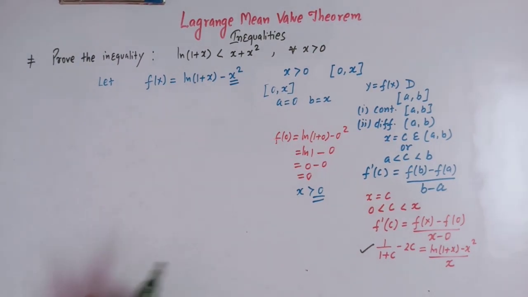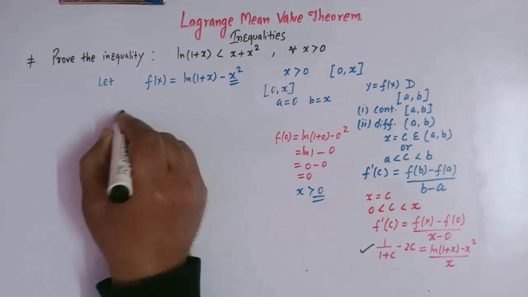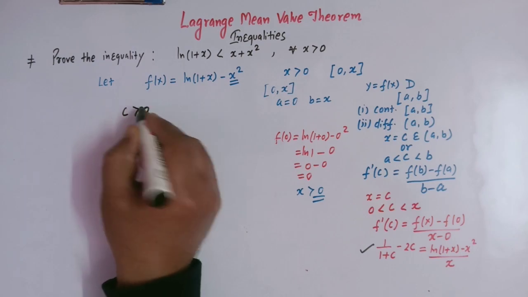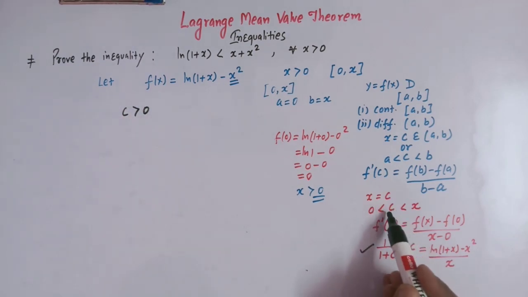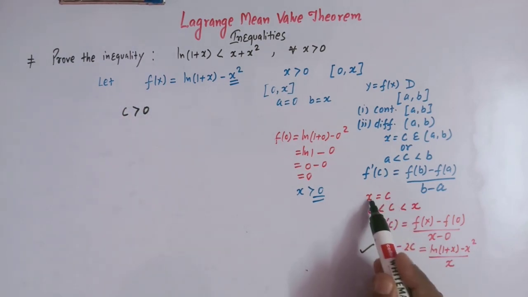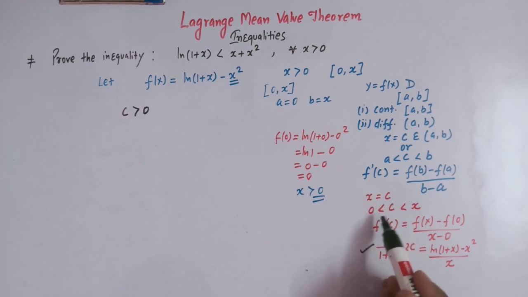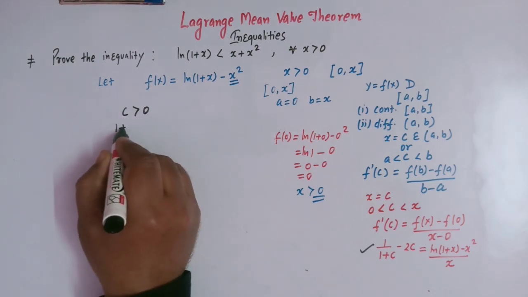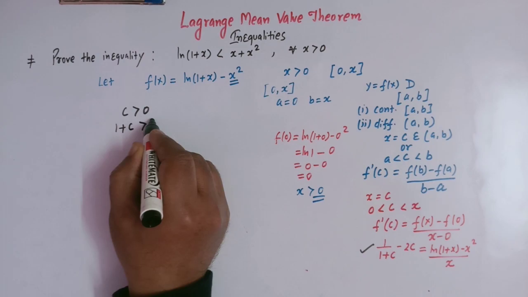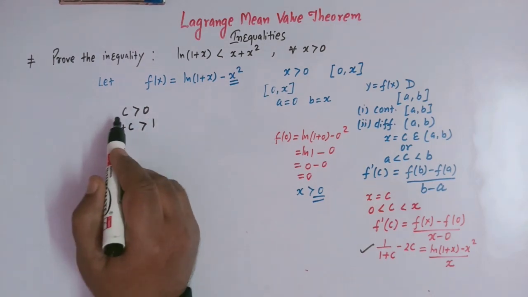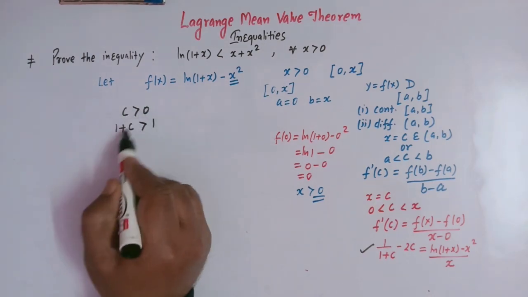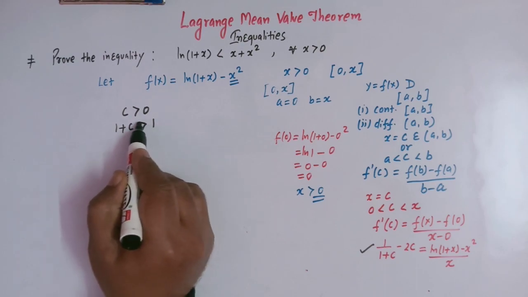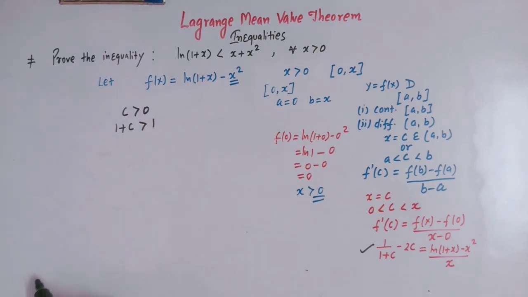So now what we will do further, see here we have c is obviously greater than 0, right? This point x equal to c lies between 0 and x. So c is greater than 0, so if we add 1 to both sides, we get 1 plus c must be greater than 1, right?